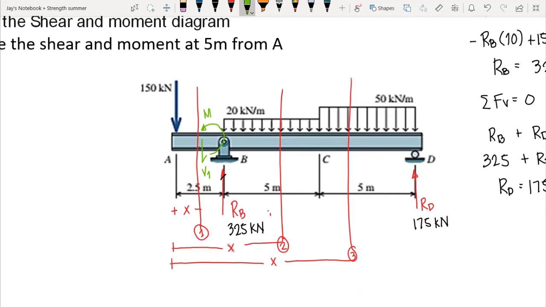Now, if we cut our beam here at section 1, we only have the 150 kilonewton load to be included in the cut section.